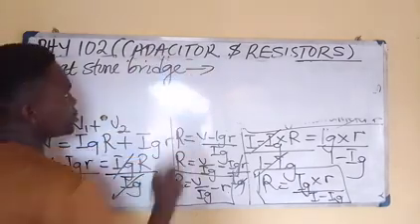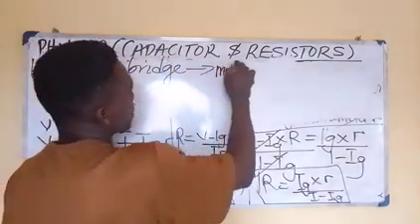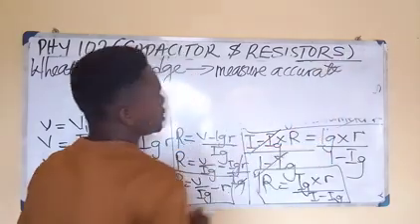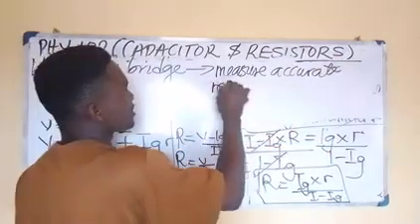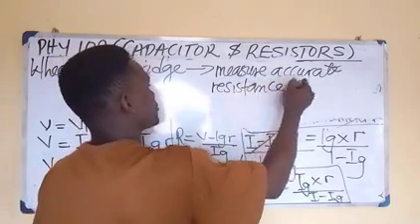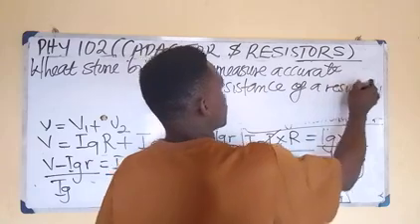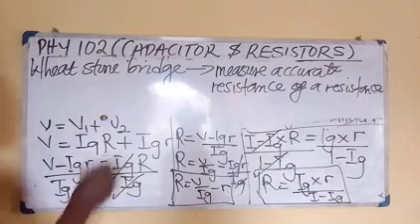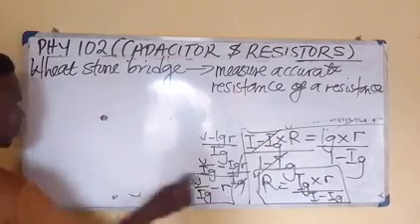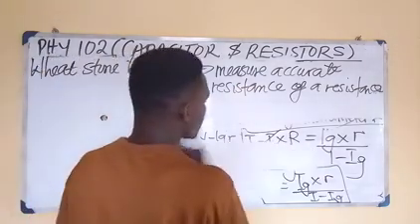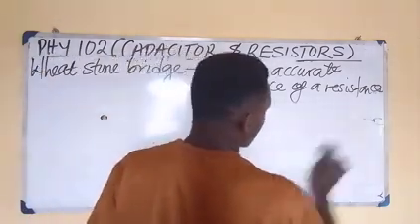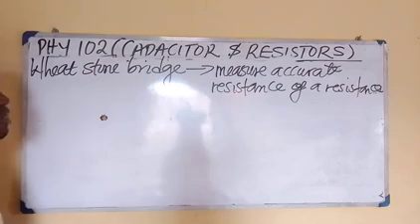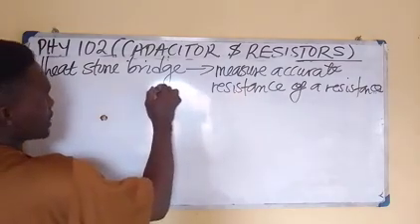The Wheatstone bridge is used to measure accurately the resistance of a resistor. The Wheatstone bridge is used to measure the resistance of what? Of a resistor. Now, how do you illustrate the Wheatstone bridge? You have something like this.